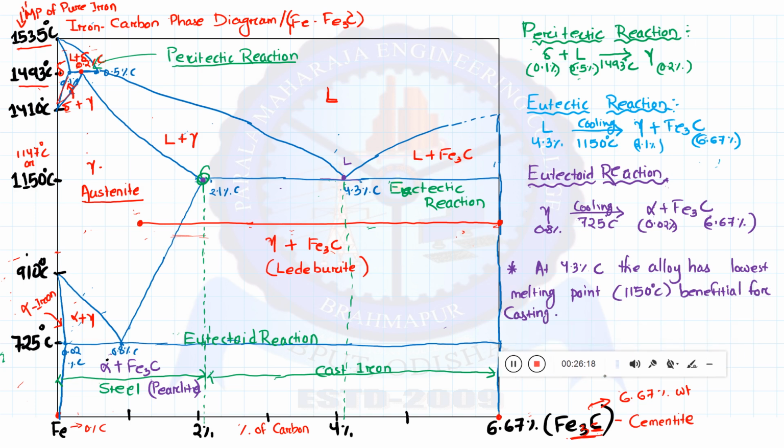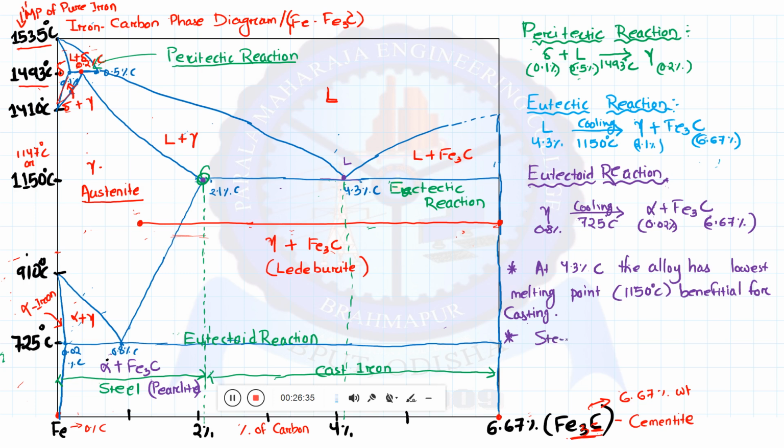If we are talking about steel, steel has a much higher melting point compared to cast iron. So steel has a higher melting point, not suitable for casting.